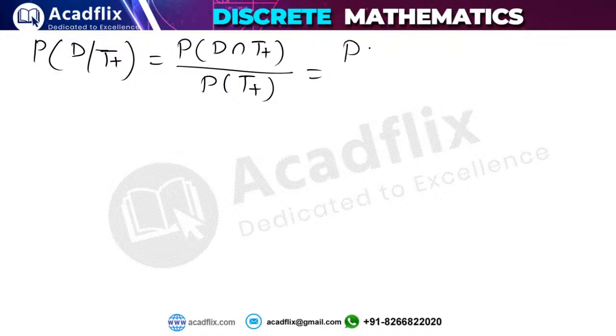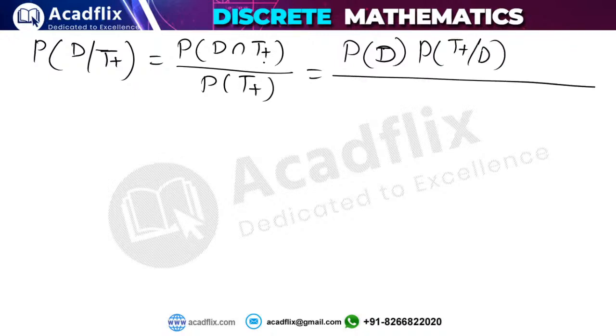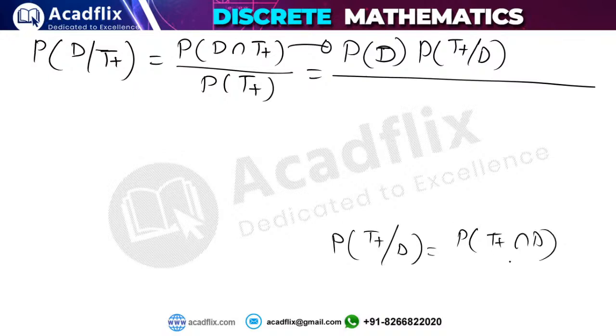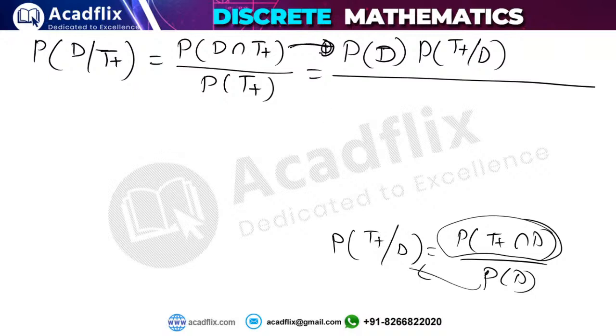This is nothing but the probability of D multiplied by the probability of T plus given D. Let me tell you where this formula is coming from. It comes from our conditional probability formula, because T plus given D will be T plus intersection D divided by the probability of D. So you just multiply it here, and from there this formula is coming. That's why I am saying you don't have to memorize anything. You don't have to memorize this Bayes formula. You can just solve it like this.